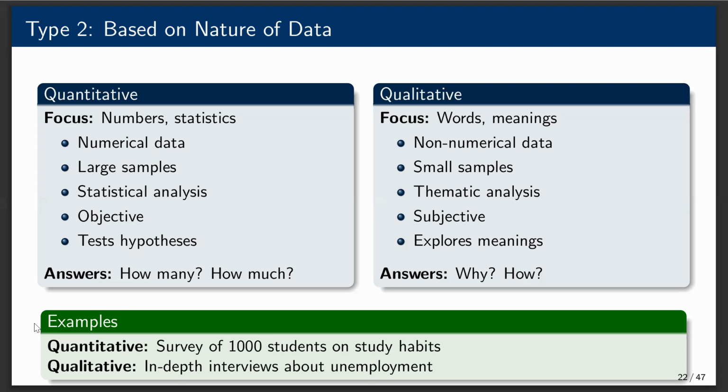Answers will be like how many, how much. So you will ask this kind of questions. For qualitative, the focus is words and meaning. It should be non-numerical data, small samples, thematic analysis, subjective, and it should explore meanings. The answer is why and how. So example, quantitative research means a survey of 1,000 students on study habits. Qualitative, in-depth interviews about unemployment. Right?